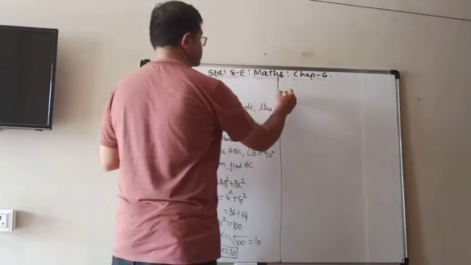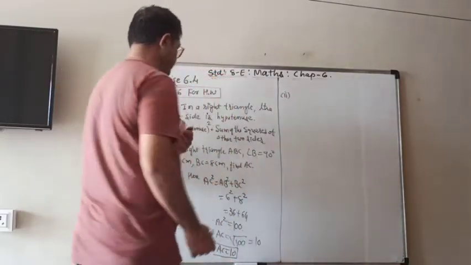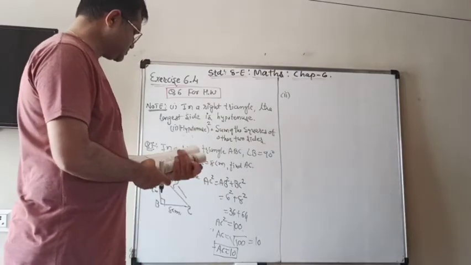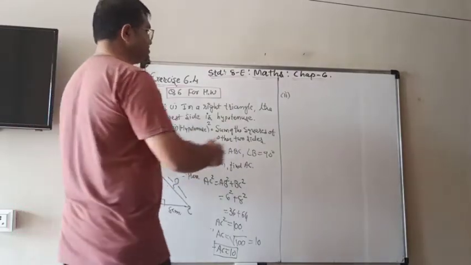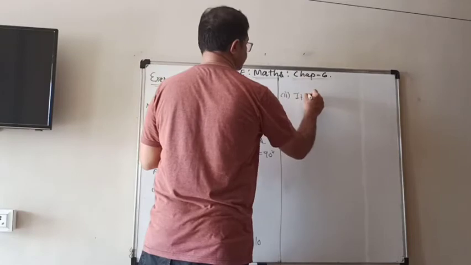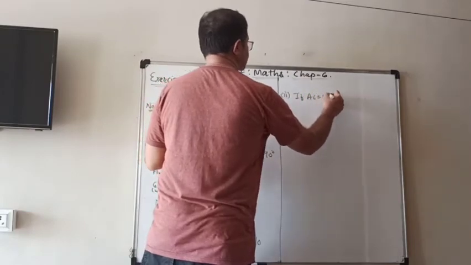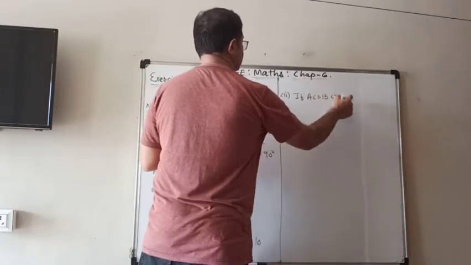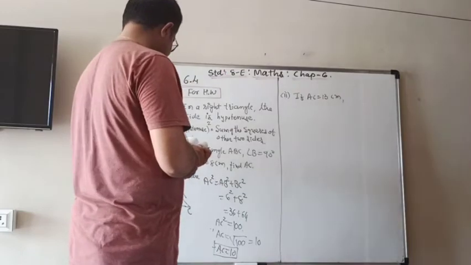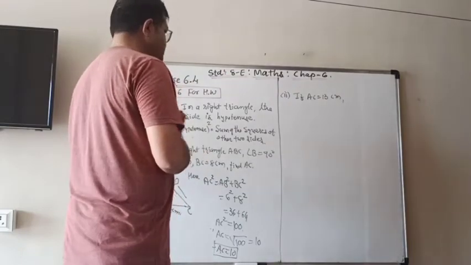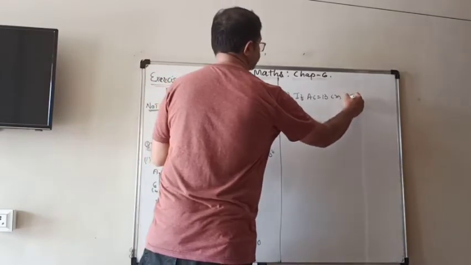Let's see the second one in this. Given that AC is equal to 13 centimeter, then BC is equal to 5 centimeter.